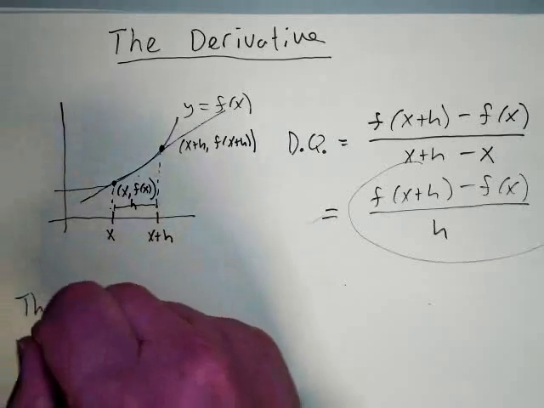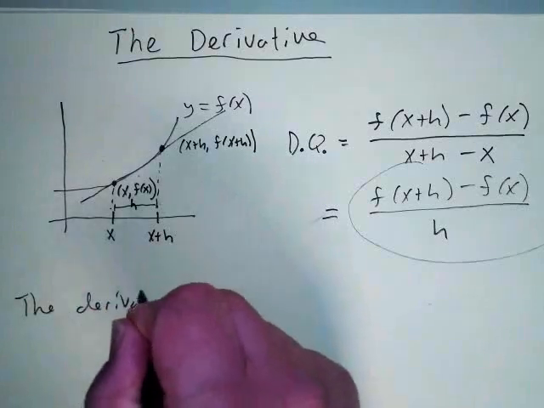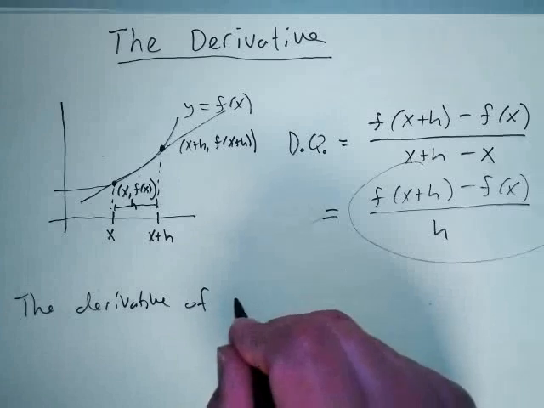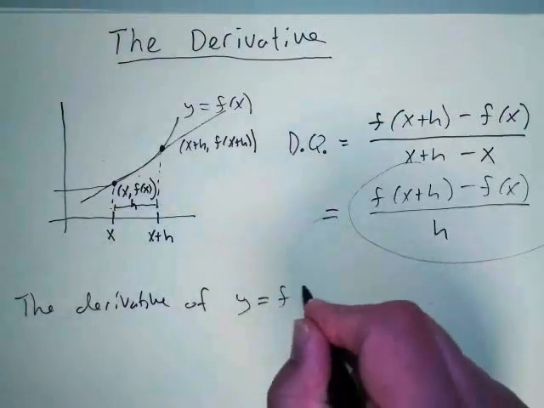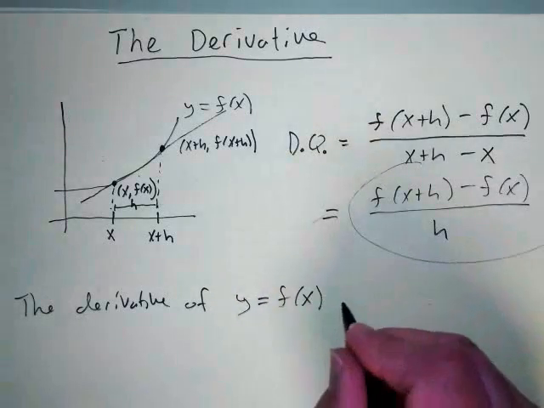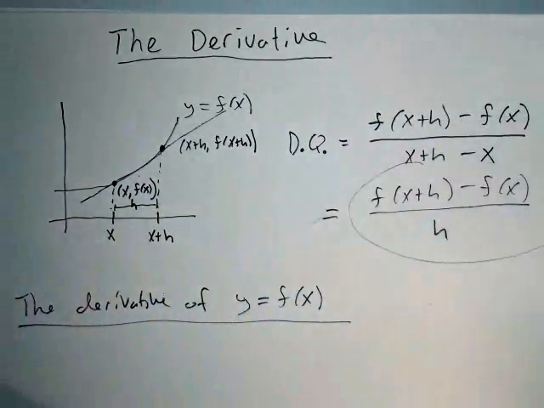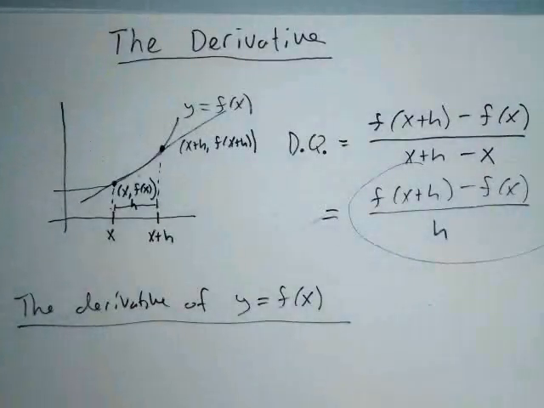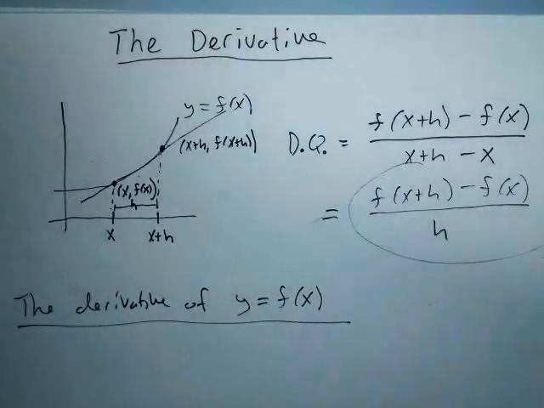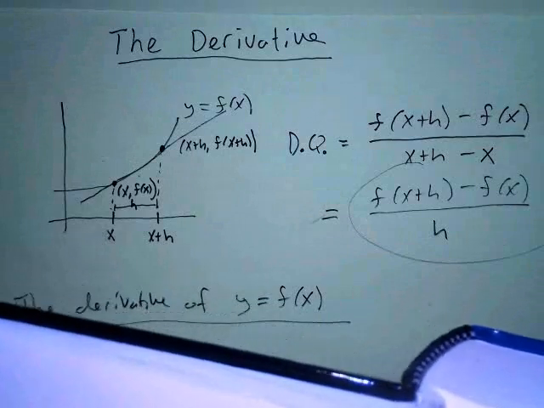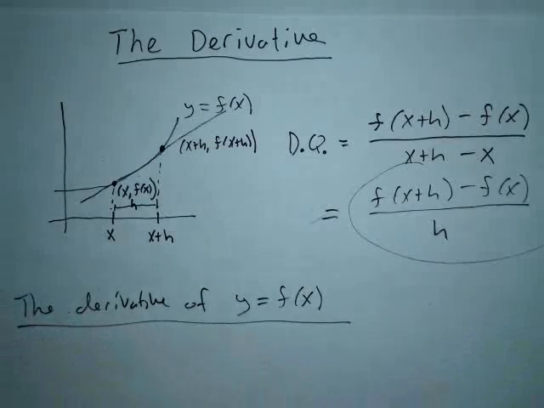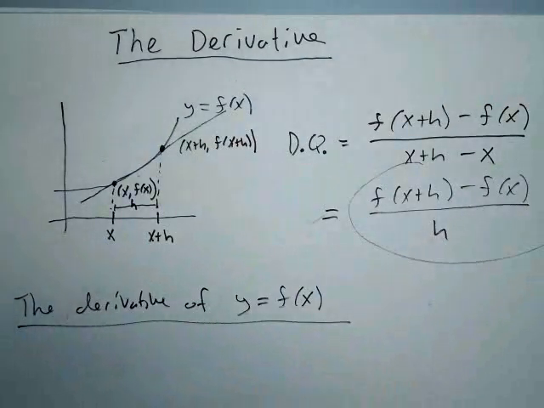So the derivative of y equals f of x, the derivative of a function f of x with respect to x. There's no condition except that the limit has to exist. Okay?